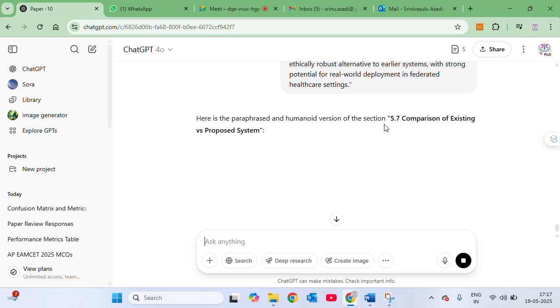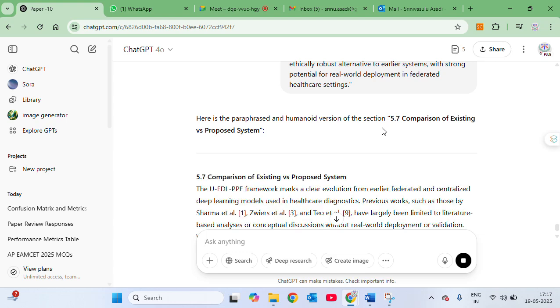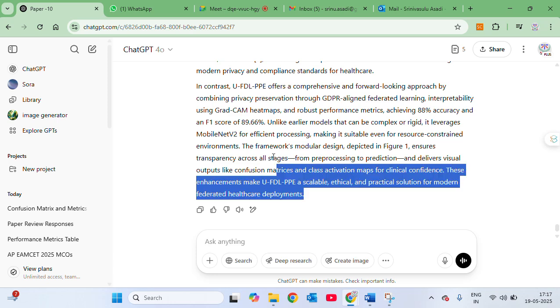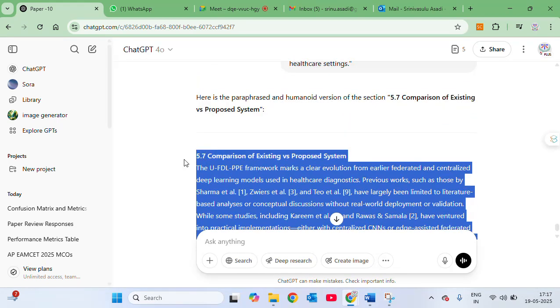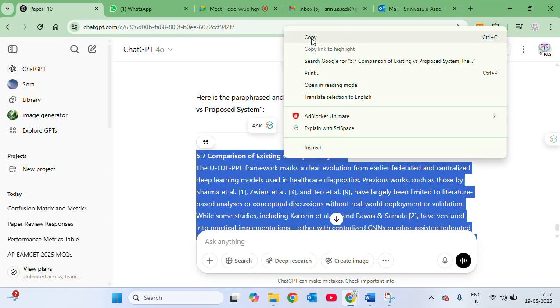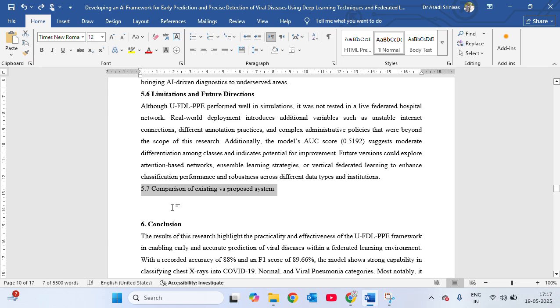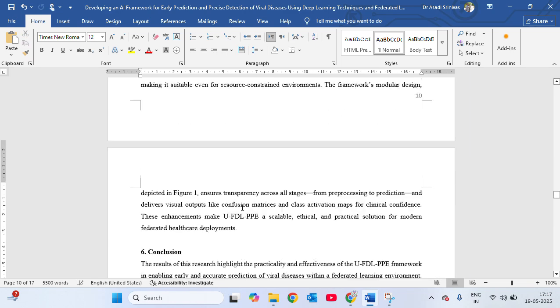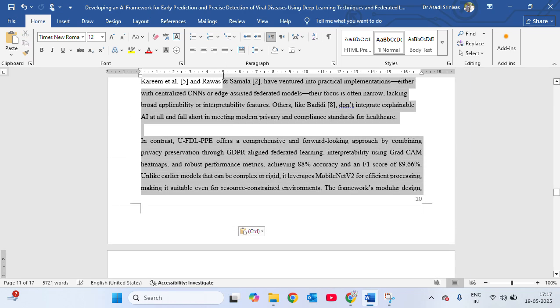Now I am preparing, after this comparison of existing versus proposed system, I need to prepare a statistical table of existing versus proposed. See how I am going to prepare. Very interesting concept.